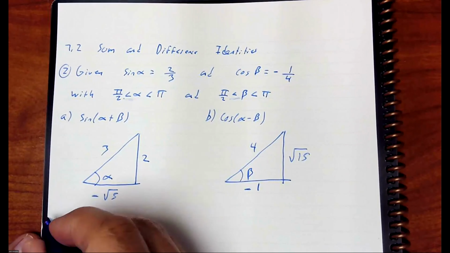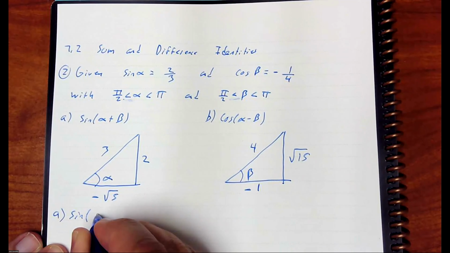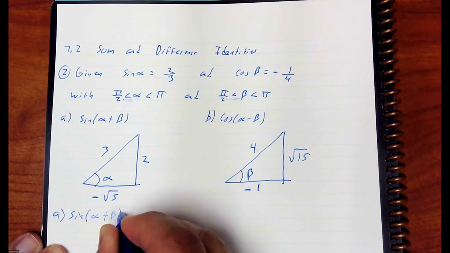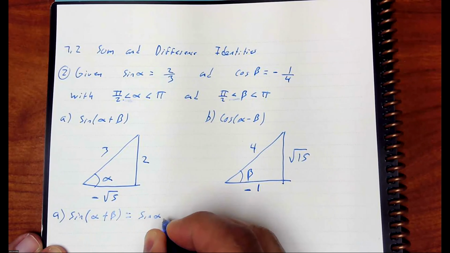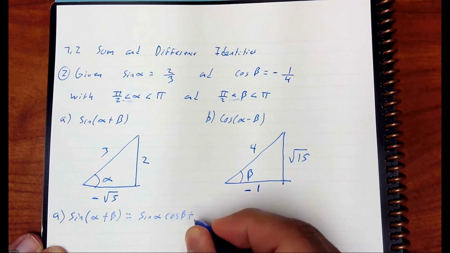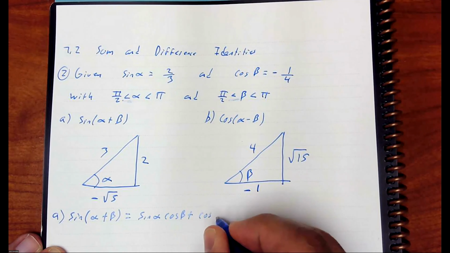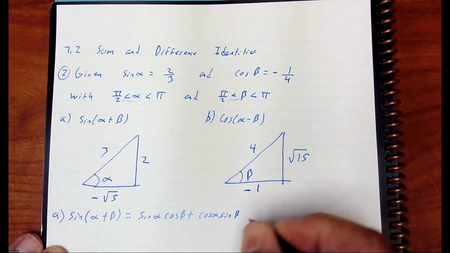All right, now I'm going to go straight to part A then. So let me know. Sine alpha plus beta is equal to, the formula says, sine alpha cosine beta plus cosine alpha sine beta.